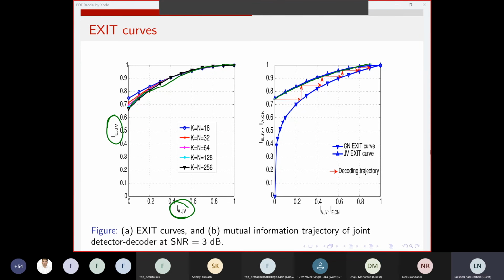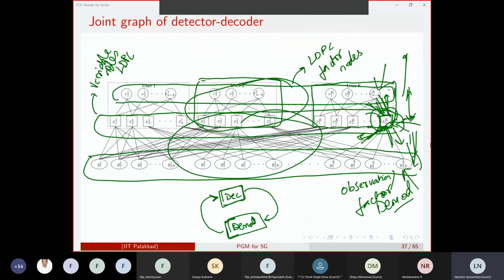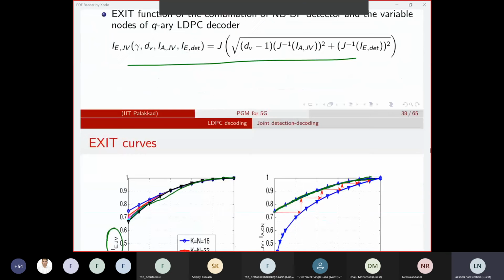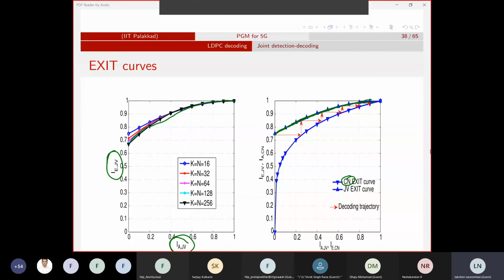Here we have superimposed the EXIT charts. The first one is the check nodes graph, that is the top graph, the LDPC part, and the bottom one is the joint variable node part, that is the demodulator part. So we have two different graphical models combined together.